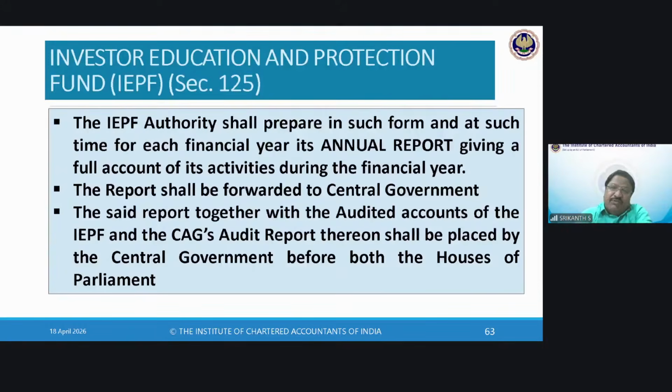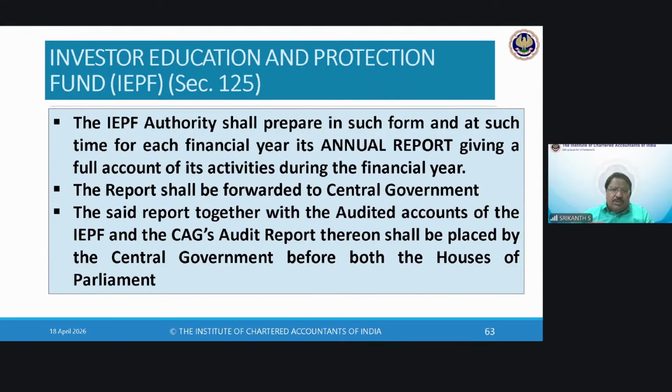Then the IEPF authority, in addition to the audited accounts, will also prepare an annual report. The report will give the details: how many programs were conducted, what was the total money spent for it, at which venues it was conducted, etc. It's a huge report. That annual report is a full account of its activities and what all was done, and that will be forwarded to the central government.